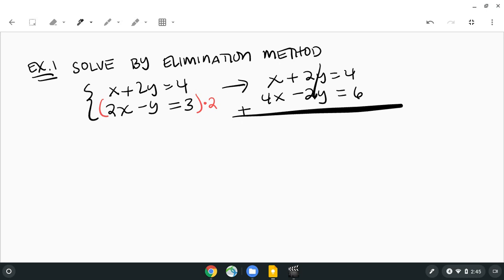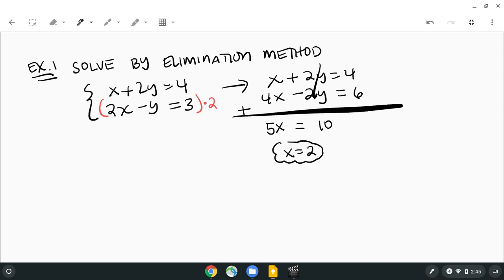And I get 5x here, because 1 plus 4 equals, and on this side I get 10, because 4 plus 6 is 10. And then solving for x, divide both sides by 5, and I get 2.